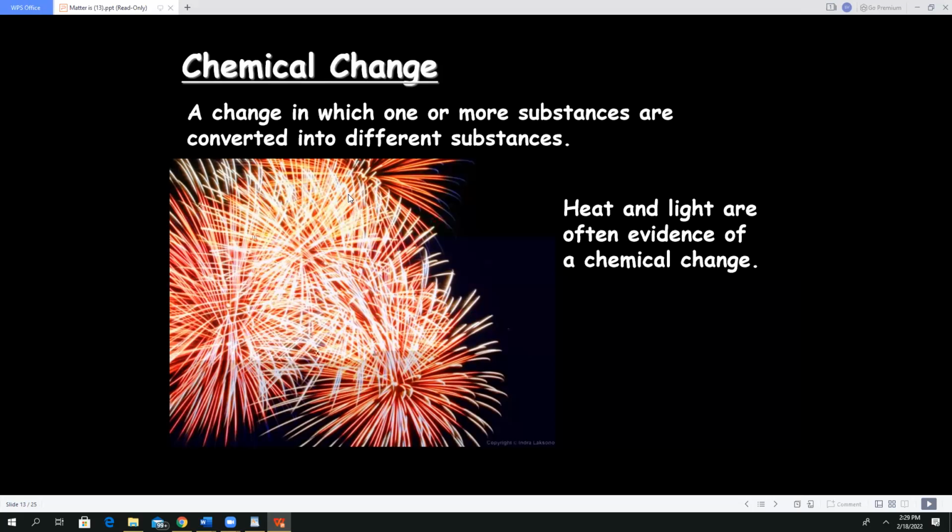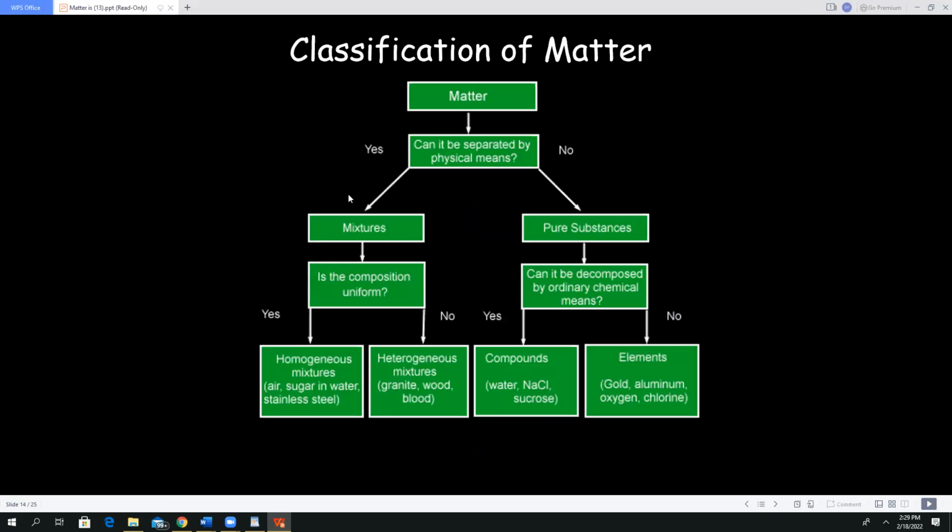You can also think of bubbles, a smell that's changed, a color that's produced where there was no color to begin with, things like that. Consistency even, but I'm not talking about state of matter, but more like the milk. You know how the milk gets chunky? Yeah, like that.